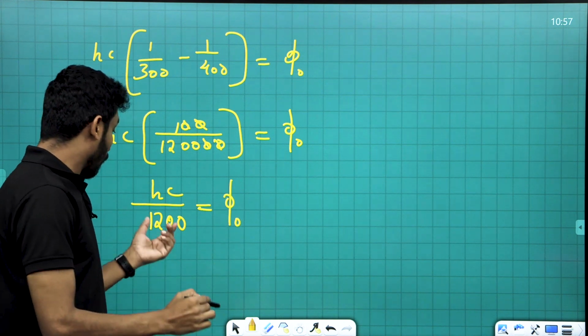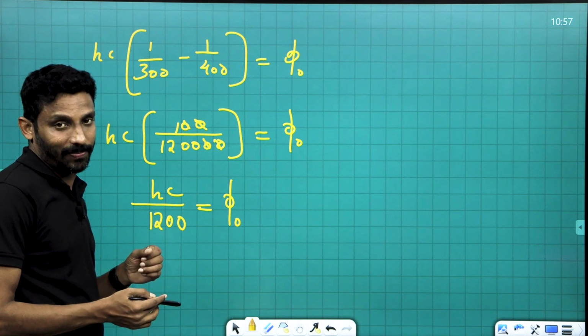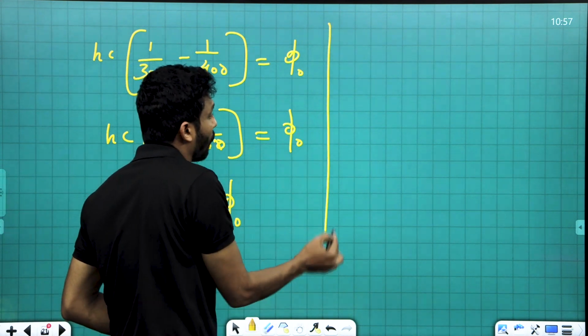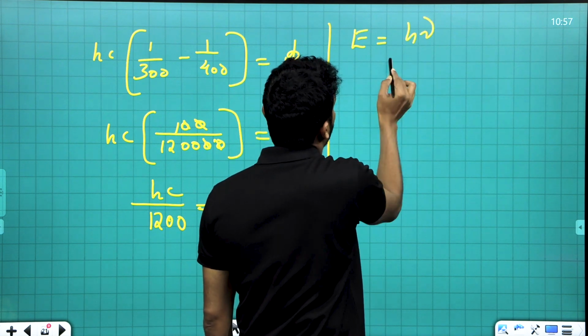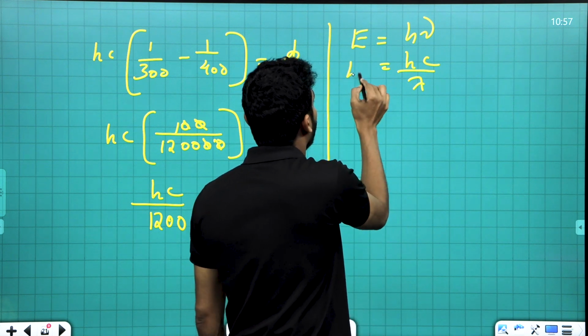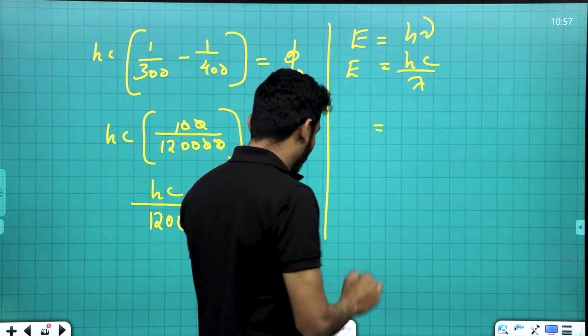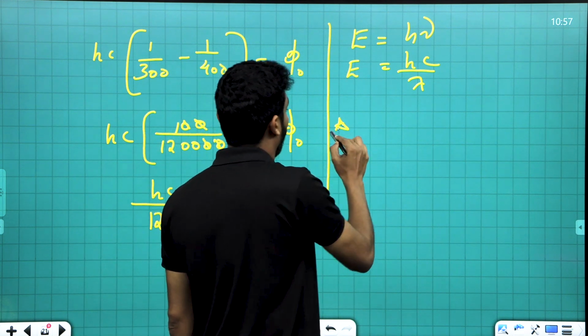Clear? Now remember, this is in nanometer unit, 1200. See, we have the expression of energy of a photon. Listen, energy of a photon is h nu, which is hc by lambda. Now, if lambda is given in nanometer or angstrom, it's very important.